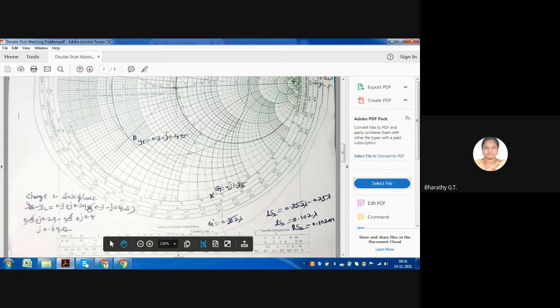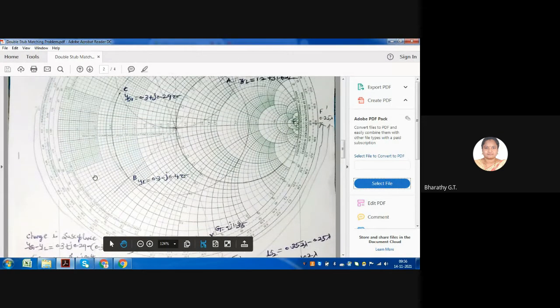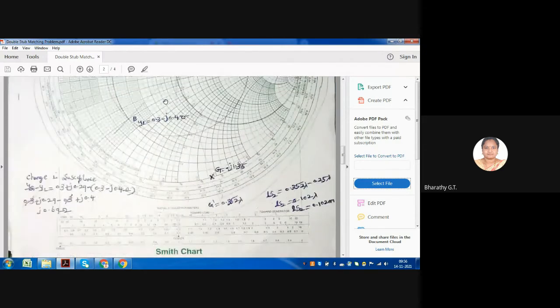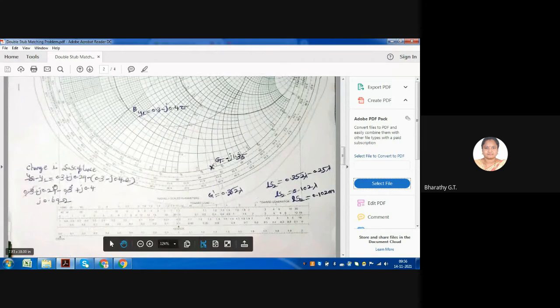So this minus will become minus 0.3, and minus of minus will become plus J 0.4 here. Whenever we calculate change in susceptance, the real part will get cancelled, because we are moving without changing the real part. So the real part will get cancelled, and the imaginary part from minus J 0.4 has changed to plus 0.29. So what is the change in susceptance? Change in susceptance is plus J 0.69.